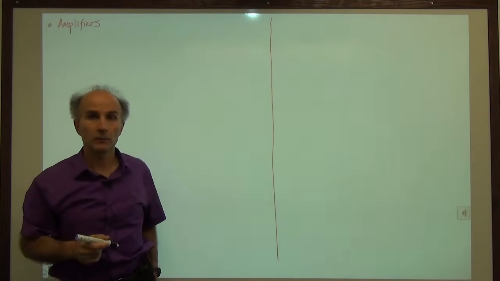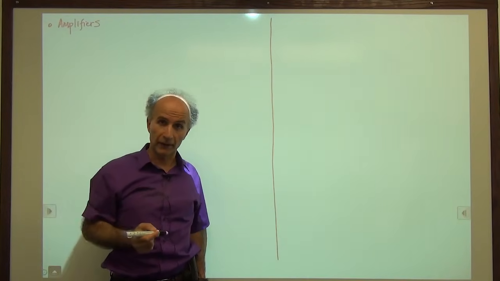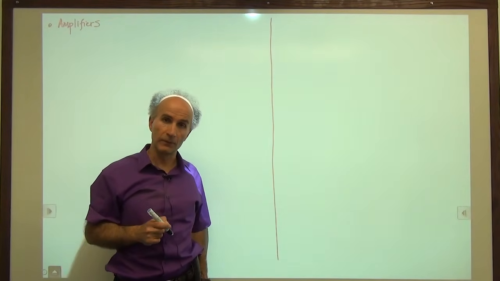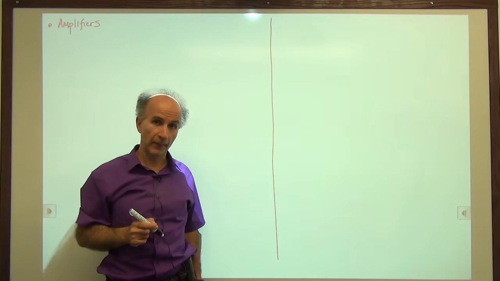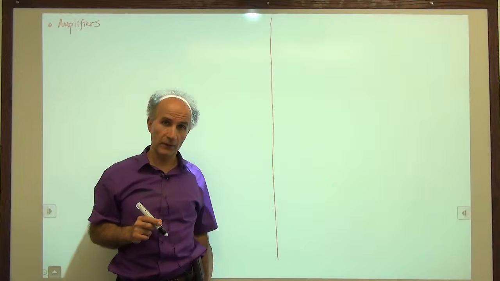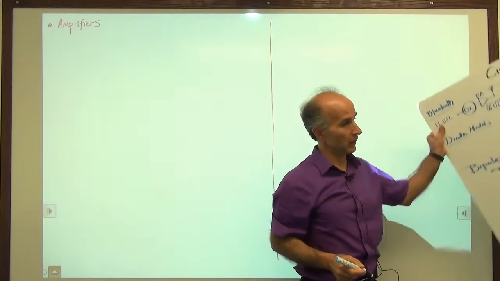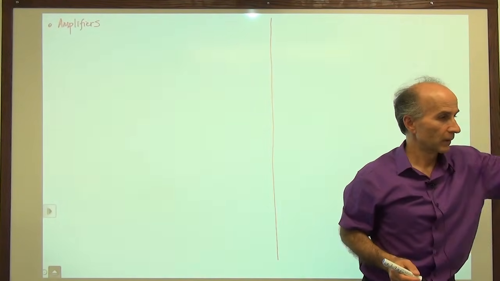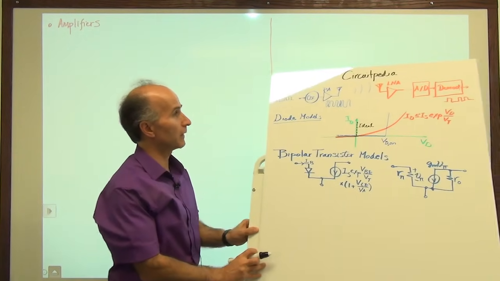All right, well, we have some idea as to what an amplifier is. It should amplify. It should make signals bigger in a very simplistic view. Now, we have seen examples of amplification in our previous studies. So if I go back to my Circuitpedia here, I can show you what we accomplished before.